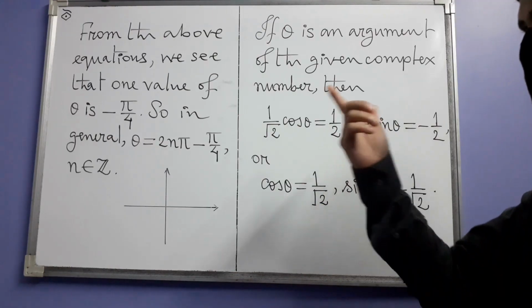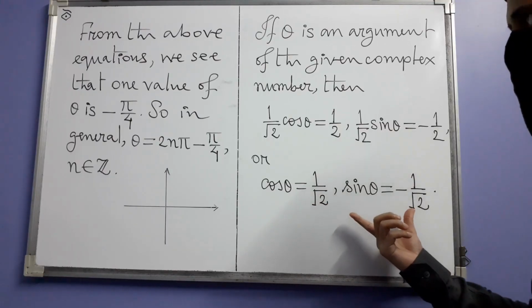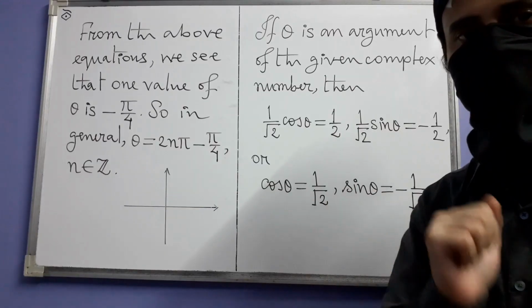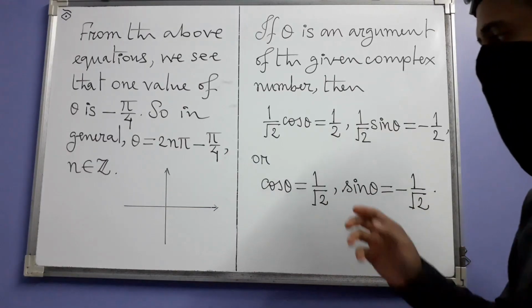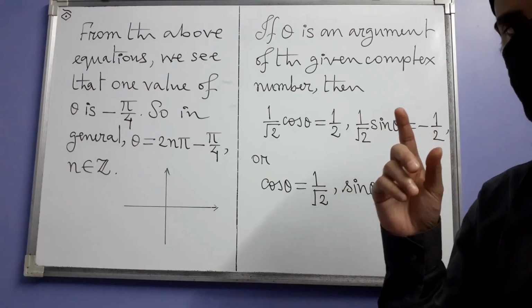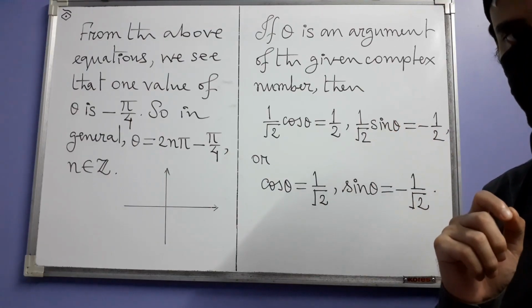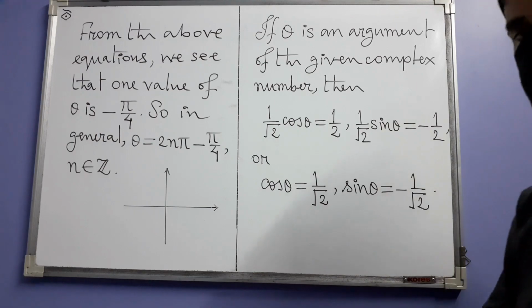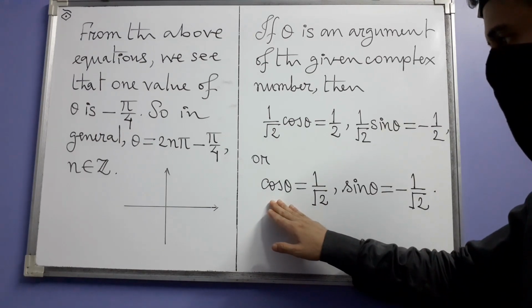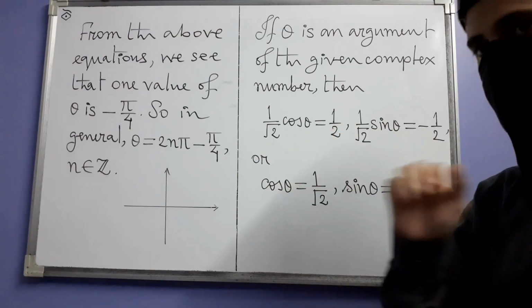So from these two equations, we see that one value of theta is minus pi divided by 4. How did we find this value? Let us recall what we did when we solved trigonometric equations. What did we do in similar situations? We first noticed where the point can lie.